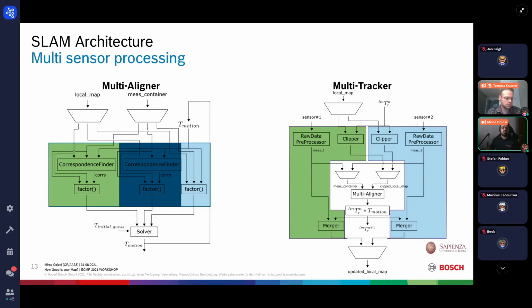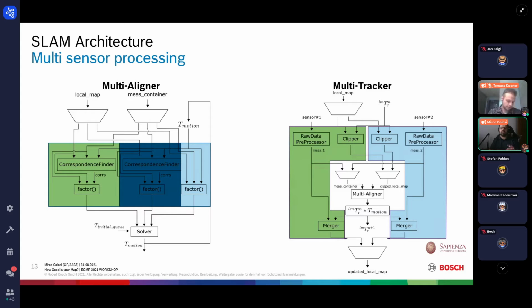Leveraging this dynamic data structure, we had to remodel some of the processing modules to comply with it. So in the whole architecture, the only modules that need to be reconstructed are the aligner and the tracker that work directly with these dynamic property containers. To deal with multi-sensor, we introduced the concept of slices, that is a partial processing unit module, which handles a specific queue by defining a set of traits. In fact, our multi-aligner and multi-tracker use several slices to perform per-sensor processing.